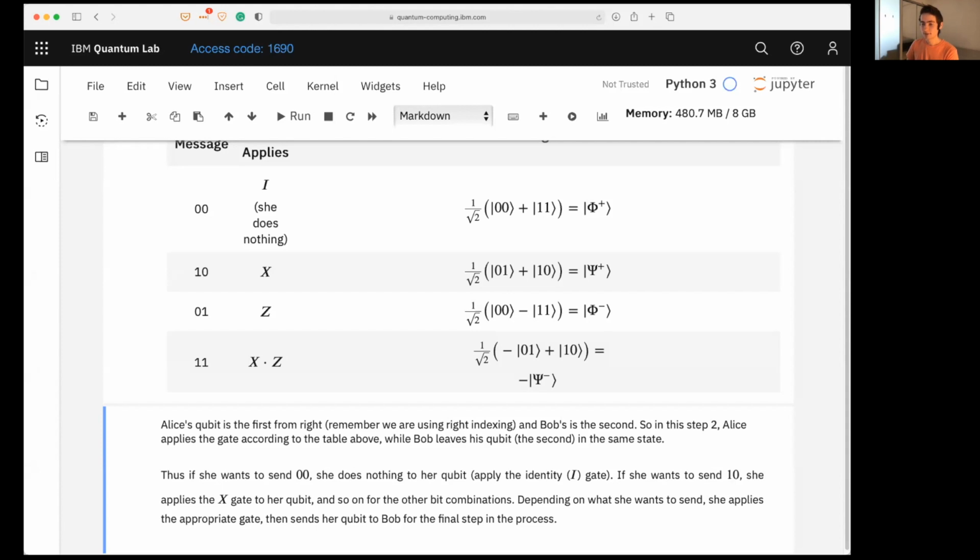Okay, so somebody direct messaged me. Could you elaborate? How would Alice actually send the state of the qubit? Suppose she did apply the gates to her qubit. How would she know what to send physically? So as I said before, this depends on what type of quantum computing you're using to do this algorithm. If you're using photons for your qubits, then you can send them down a fiber optic cable. If you're using ions as your qubits, things get a bit more complicated.